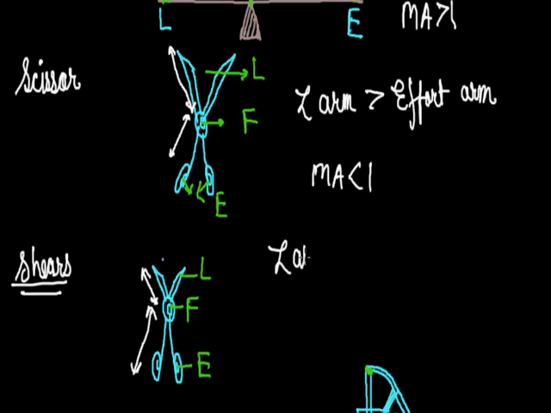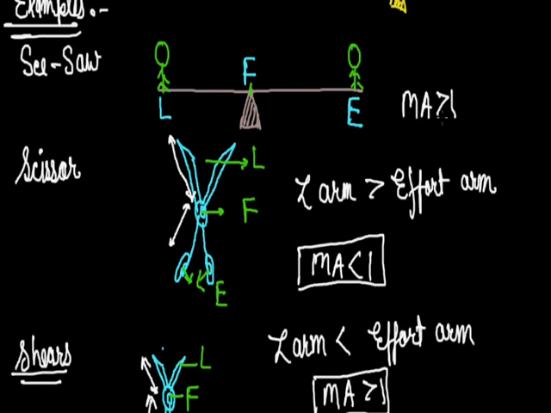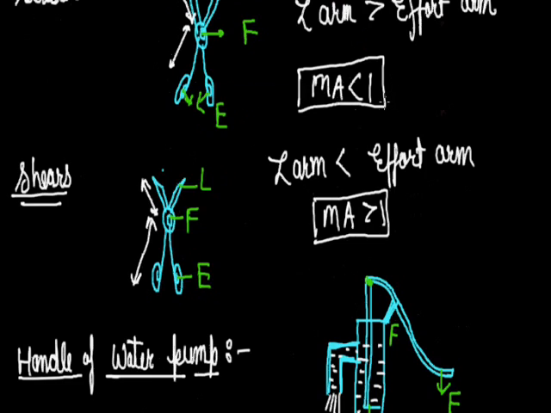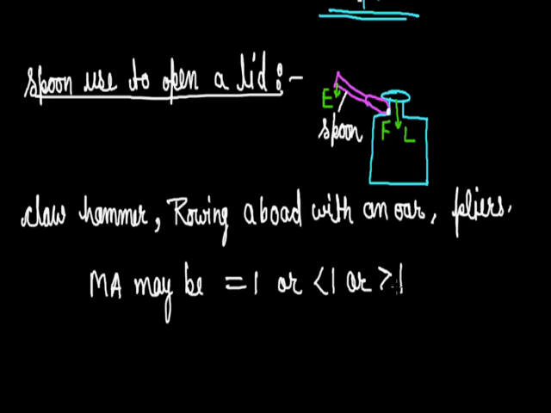So since the load arm is less than the effort arm, then we can say mechanical advantage will be greater than 1. Sorry, for seesaw the mechanical advantage is equal to 1. So for first class lever we can say mechanical advantage may be equal to 1, or less than 1, or greater than 1.